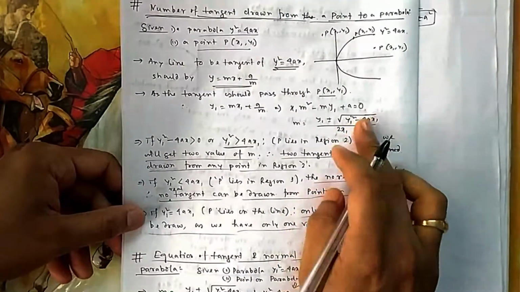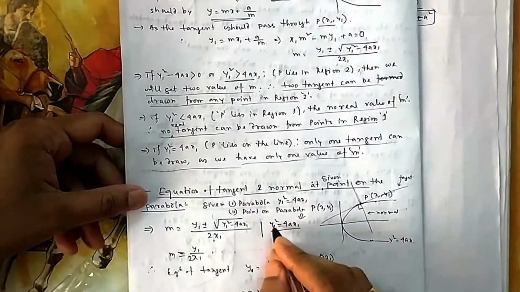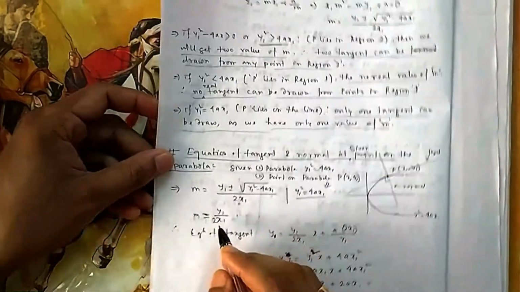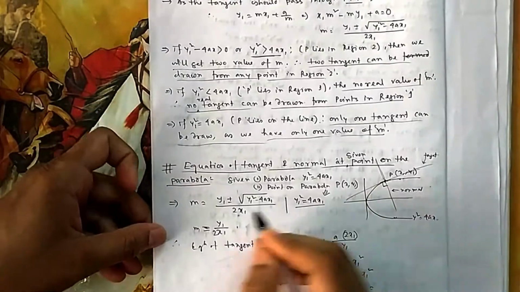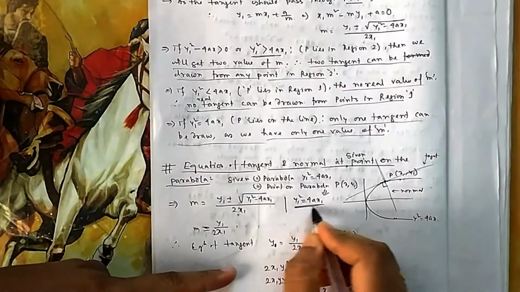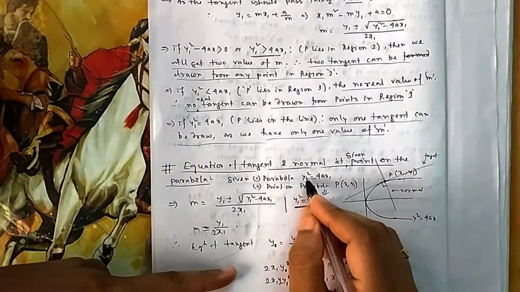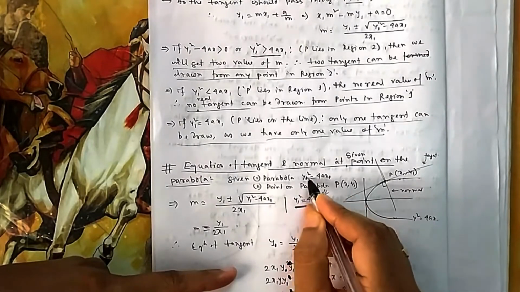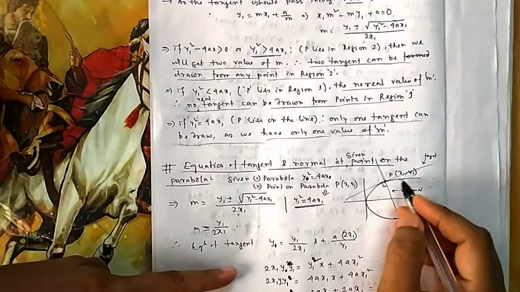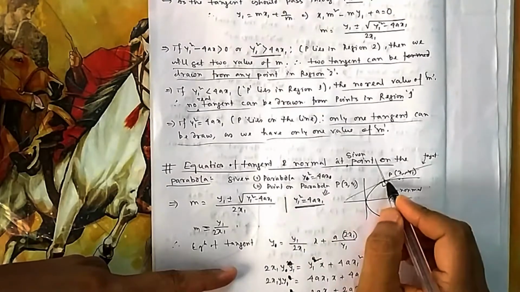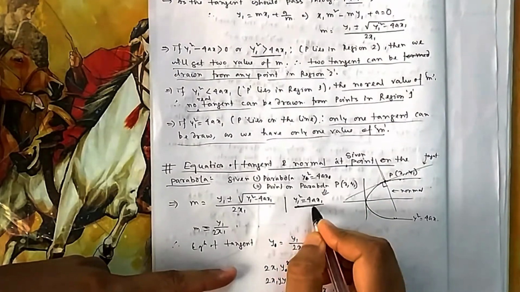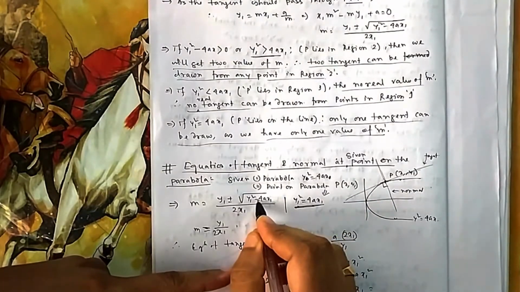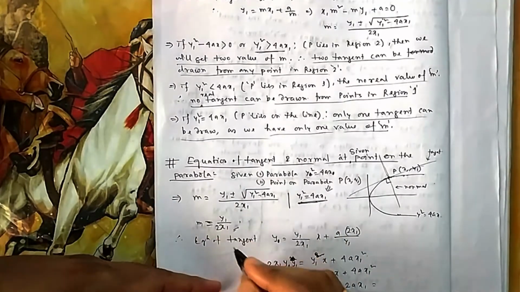So your discriminant D should be equal to 0. Because it is touching at this point, this will be equal to 0. This is the equation of the parabola, y1 square equal to 4a x1, because the point is on the parabola. So if you put x1, y1, it should satisfy. If you put it here, it is 0. That means your m, the slope, is this one.